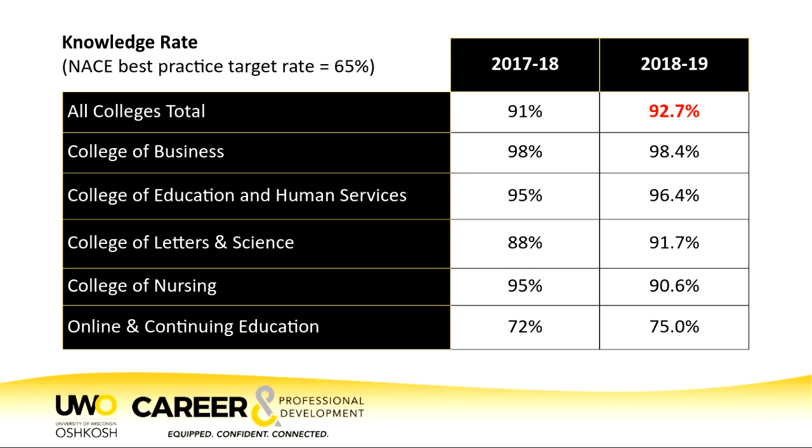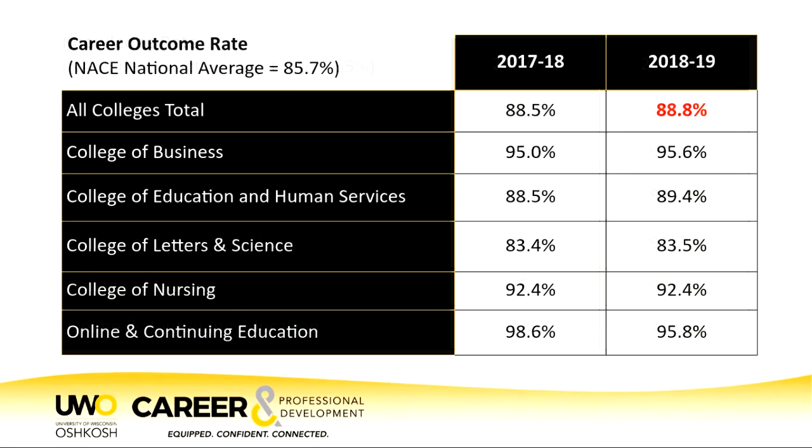So for this last class, we had a pretty good knowledge rate. We had a response rate of 92.7%. Again, I'm super excited with just the sheer amount of data that we were able to get from this last 18-19 class. For that class, 88.8% of our students have secured a career outcome.